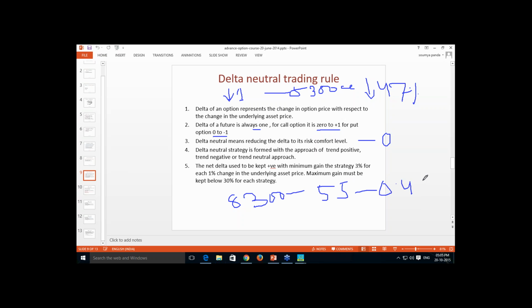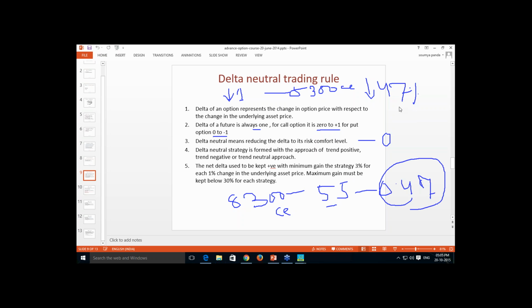If this is the option I am purchasing, what will happen? I am taking a 47% risk for buying this option. It means if Nifty falls by 1%, my option premium of 55 will fall by 47%.